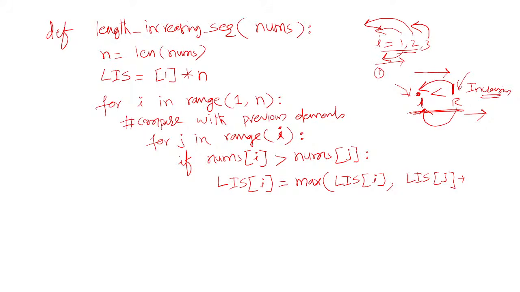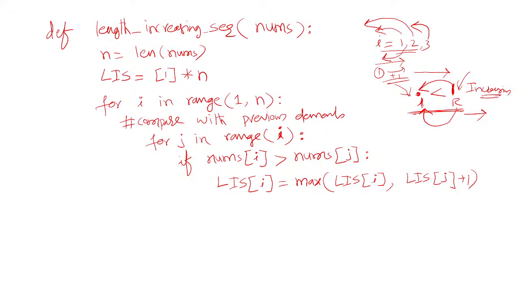Already it has a length of 1, so now you add this element, that's why we do plus 1 here. Whichever is maximum among these two will be stored here. Like this the code repeats for the entire array.